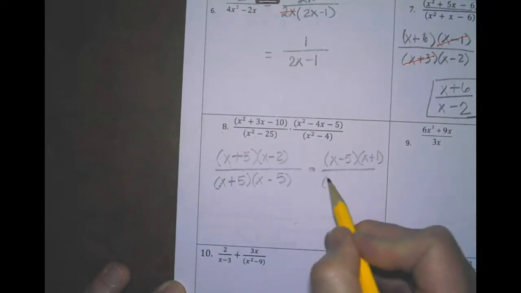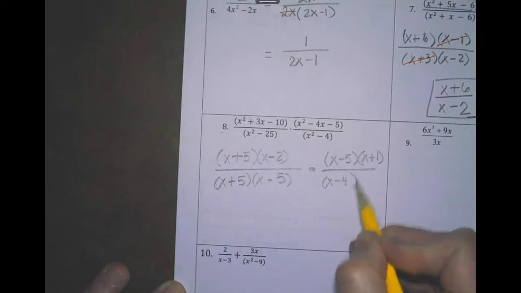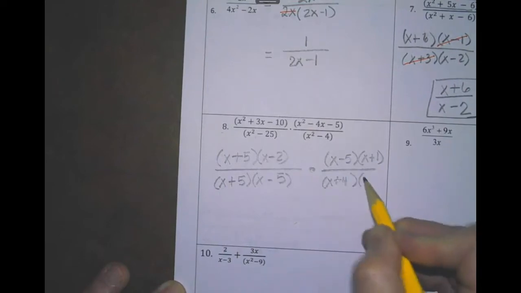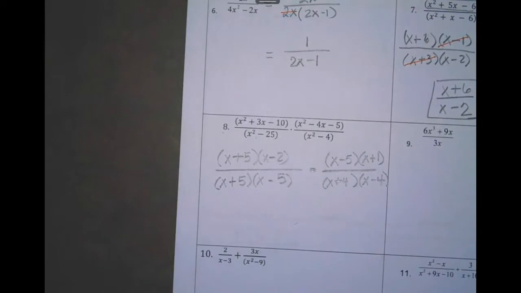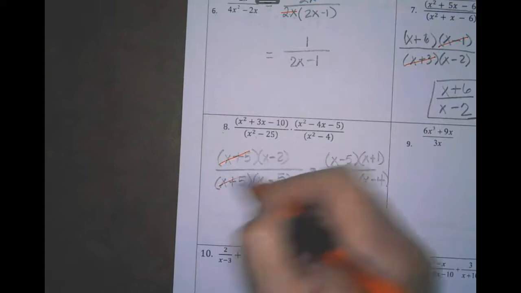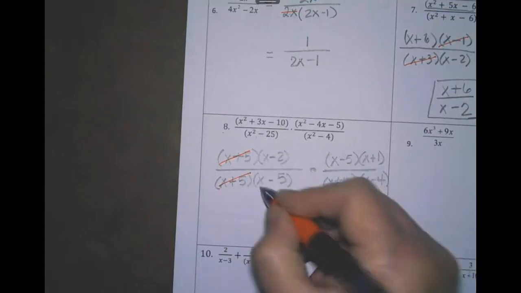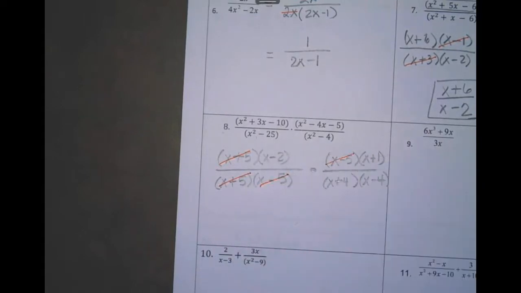And this is going to be x plus 4, x minus 4. What will cancel? We have a 5 and a 5 that will cancel. An x minus 5 cancels an x minus 5.